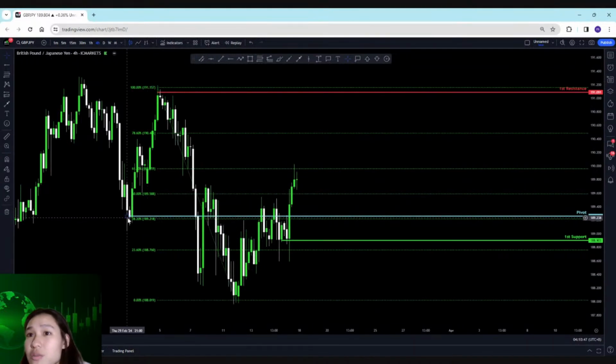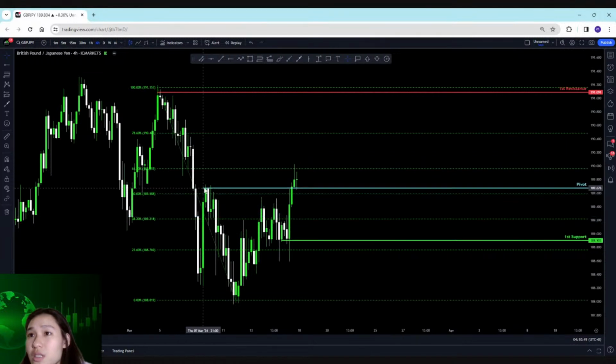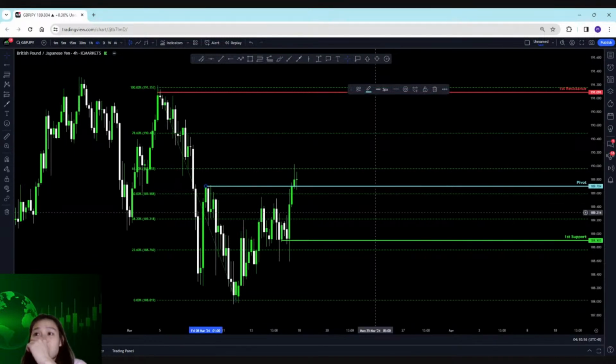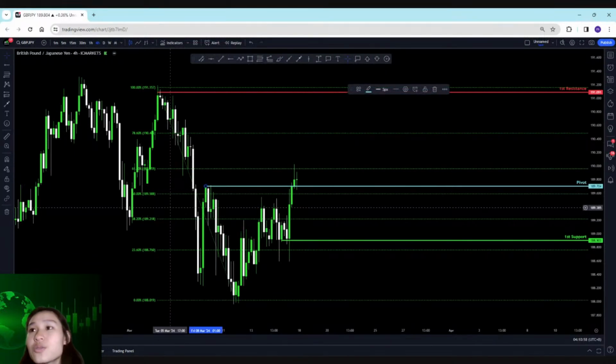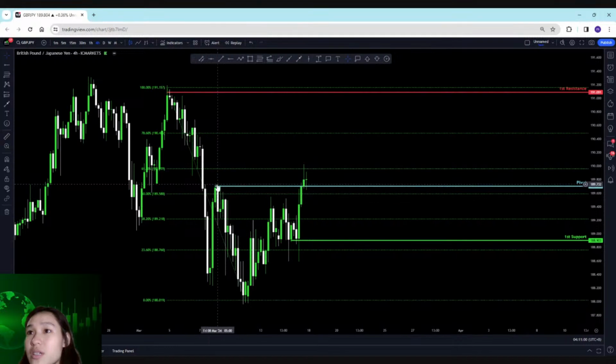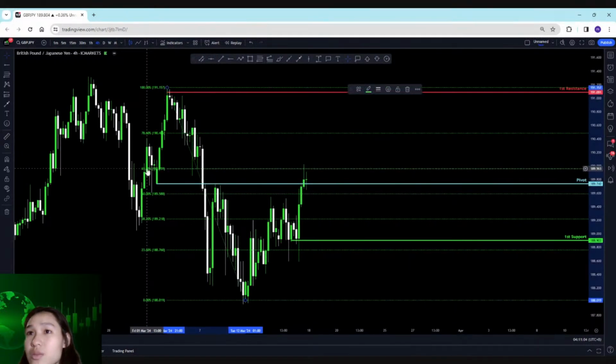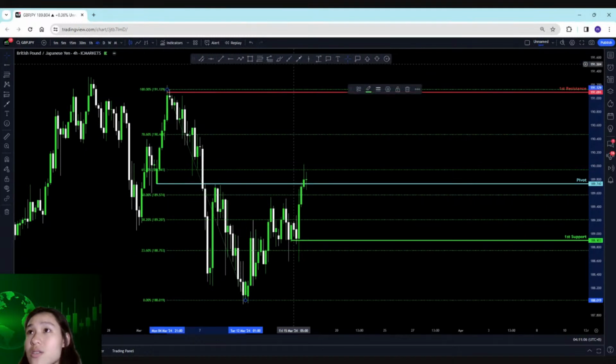I might actually move our pivot up here, which is closer to where price is currently at. And you can also see that it's in line with over here, together with our 61.8.